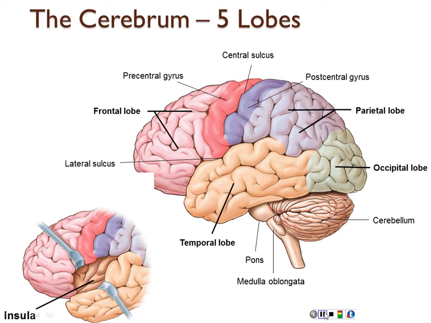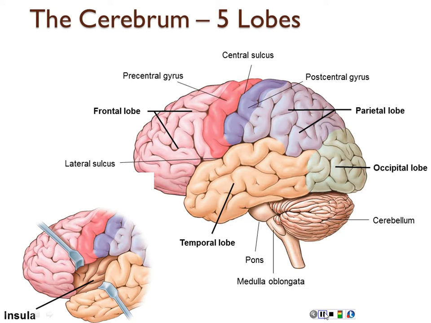If it's just this part, it may just be my face. So the precentral gyrus controls movements throughout the body. And there's actually a nice picture, I think, in your book of a homunculus, I guess later in the chapter, where you can see what particular part of the precentral gyrus controls the leg, the arm, the tongue, the face.